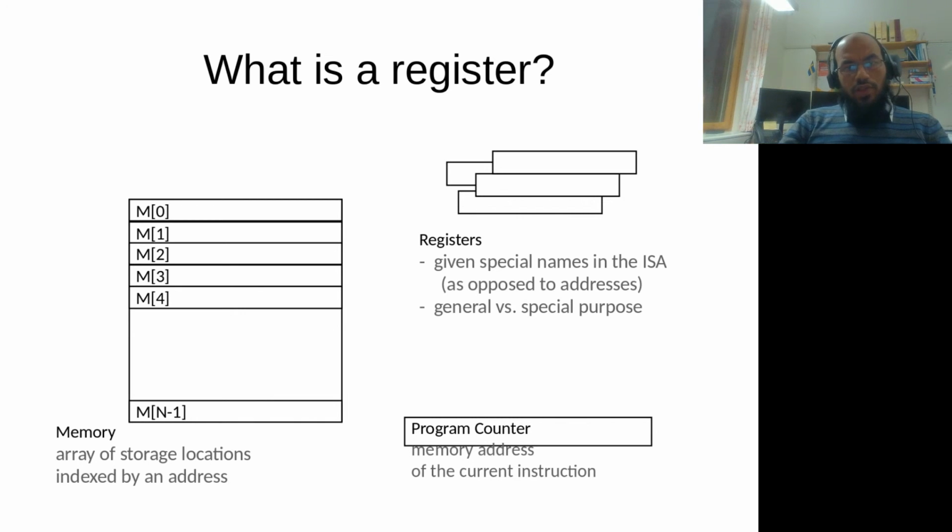But you have on the side registers which are given special names. They are related to your instruction set architecture, and they do not have addresses. So you do not call the program counter by calling M2, but rather you go for the PC. And you have general versus special purpose registers.